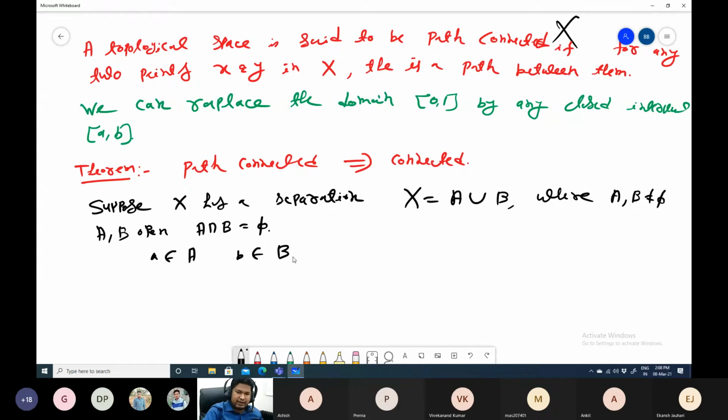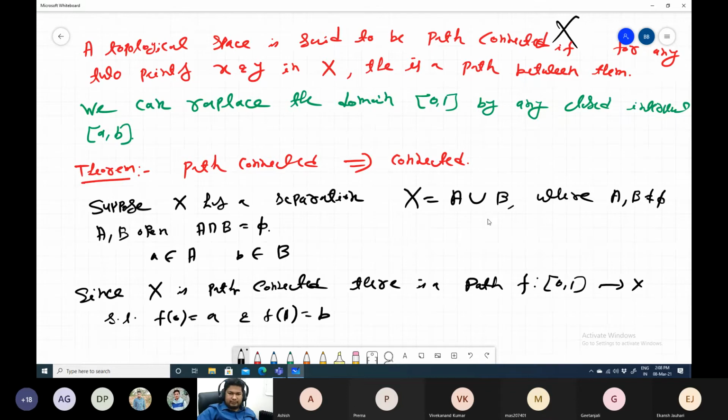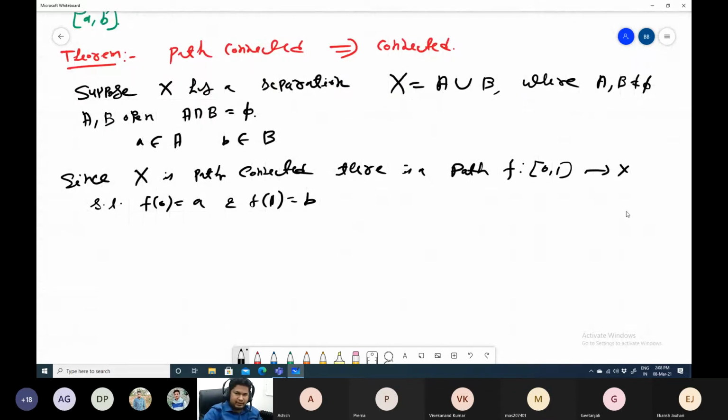Right? Now given that X is path connected, there is a path f from [0,1] to X such that f(0) equals a and f(1) equals b. Right?